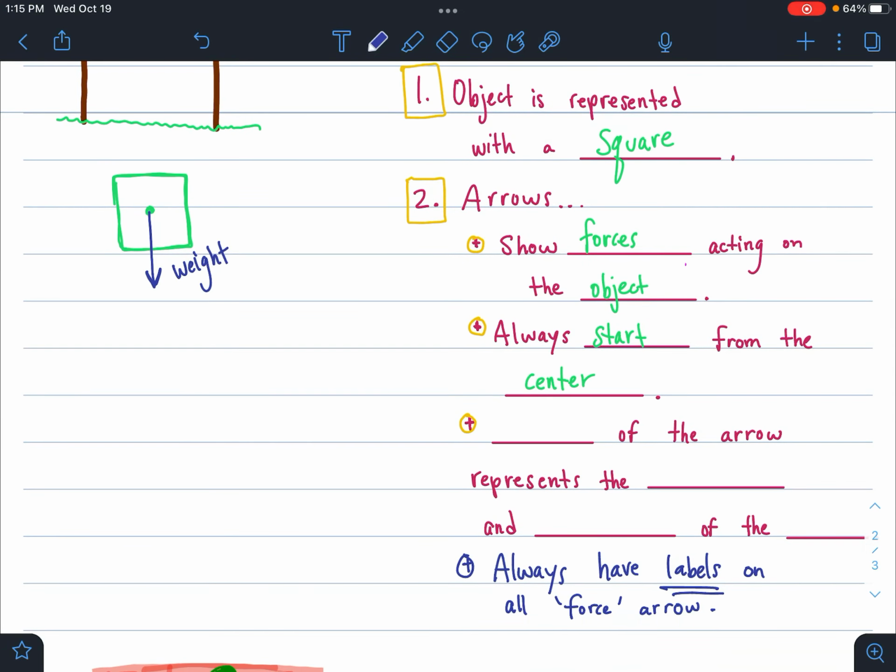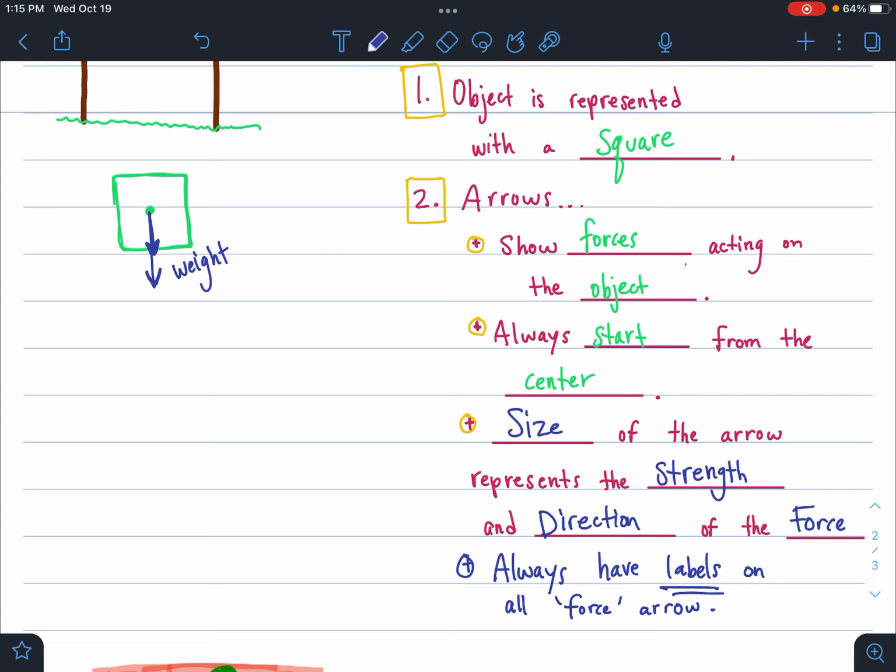And when we look at those arrows, the size of the arrow is going to represent the strength and the direction of the force. So I drew that arrow in the downward direction on this square to show that the weight is in the downward direction. The size of the arrow, as I said, would be shorter if we were on the moon because there's less gravity.